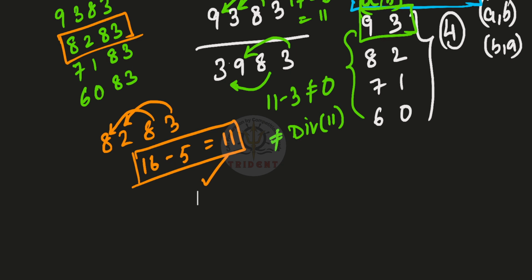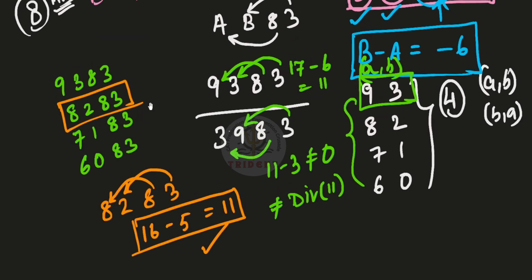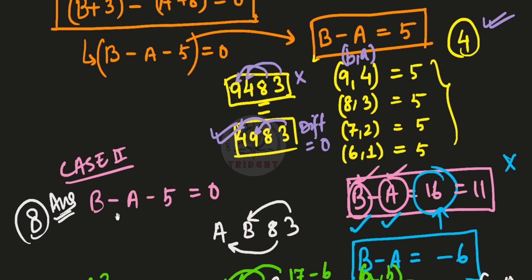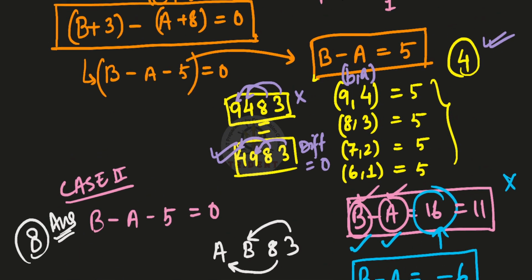So what I wanted to convey is that all these numbers are going to be divisible by 11, and the other set of numbers, if you must, let me write that also down. So that will be 4983, 3883, 2783, and 1683.